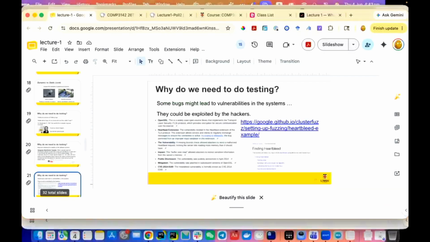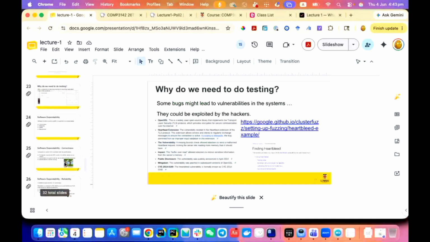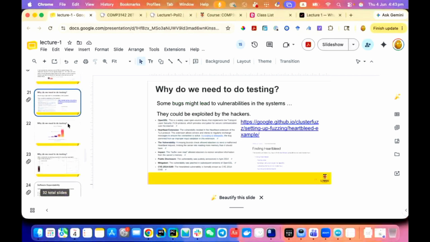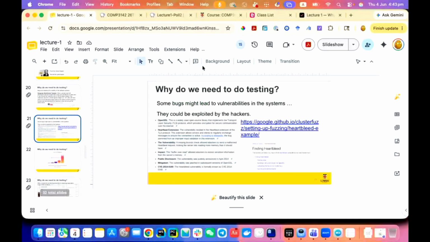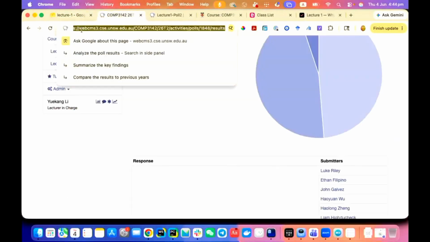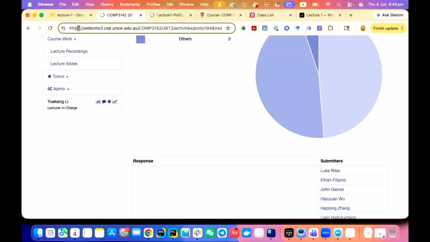This one is related to one of the greatest inventions in computer history. Have you noticed the difference between HTTP and HTTPS? Do you know what's the difference here? Yes, encryption. If we don't have this S here, it means that our traffic is not encrypted.